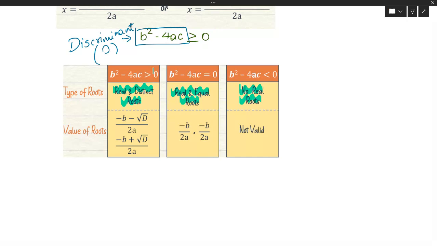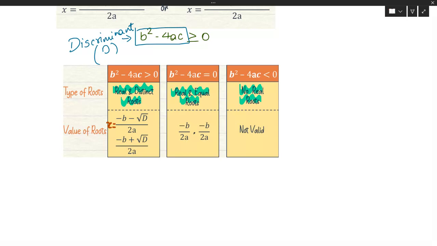If it is only greater than 0, like 1, 2, 3, 4, 5, 6, 7, 8, then it is real and distinct roots, and then we have to use that formula to find the value of x, like x is equal to minus b plus or minus root of b square minus 4ac upon 2a, the sum which we did at the start of the class.